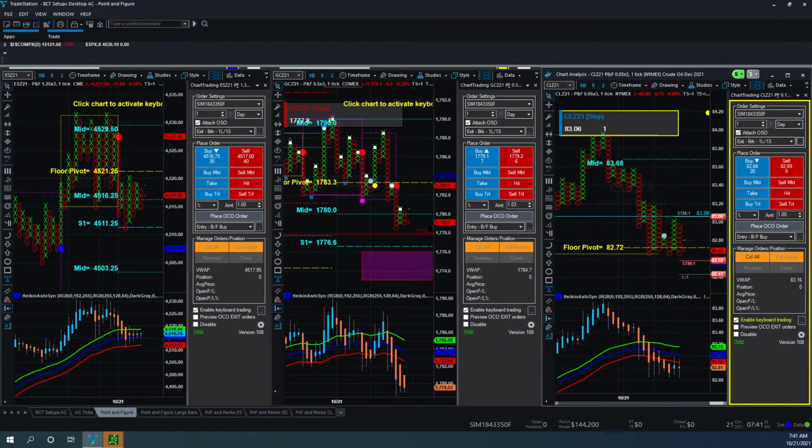Crude found some support at the 82.62 level. And it's moving up, right in the floor pivot. Probably is gonna find some resistance right there at 82.72.